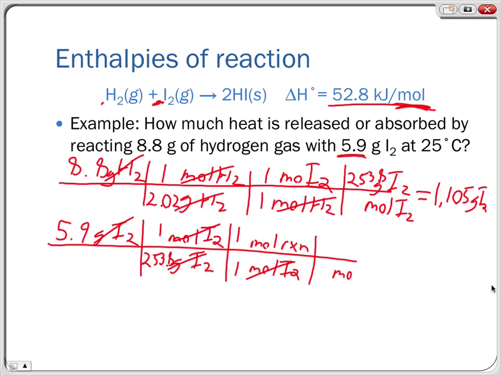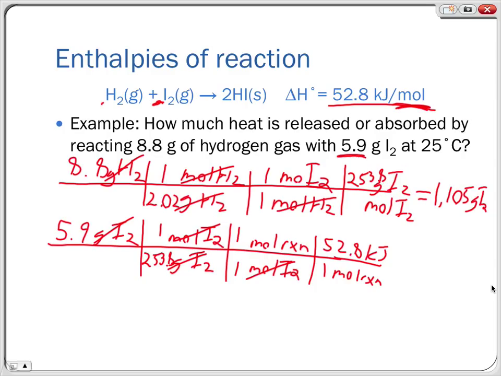So now we want to go from moles of reaction to kilojoules. What we know is 52.8, and that is positive kilojoules per 1 mole reaction.